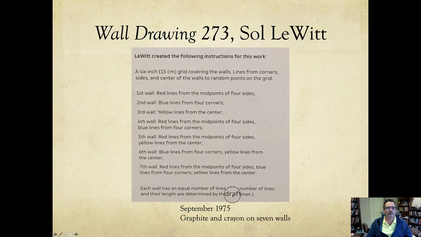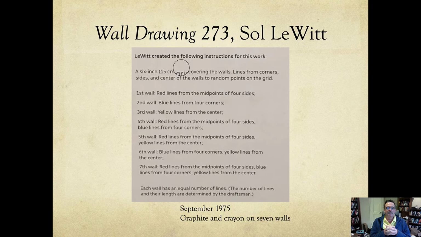This is another one by LeWitt, where he says, in using the instructions, here's the instructions for creating what he calls wall drawing 273. So this is kind of interesting from numerous perspectives. One is this itself could classically be a kind of artwork.